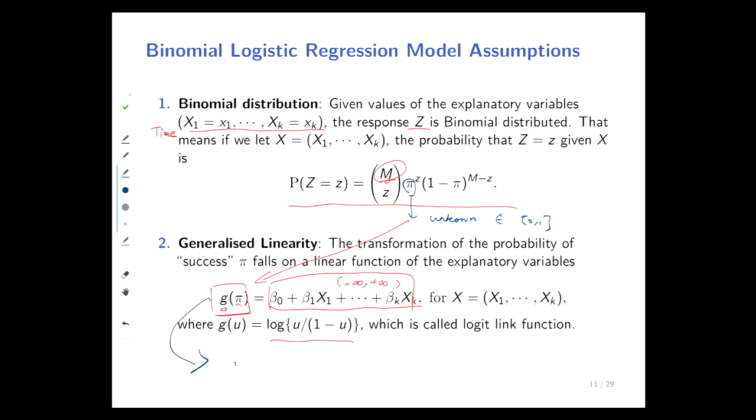The binary case is g, the link function, of the probability, the mean of y given x. But for the binary case, because y can only take two values, 0 and 1, this mean just equals the probability that y equals 1, which equals beta 0 plus beta 1 x1 and so forth, plus beta k xk.